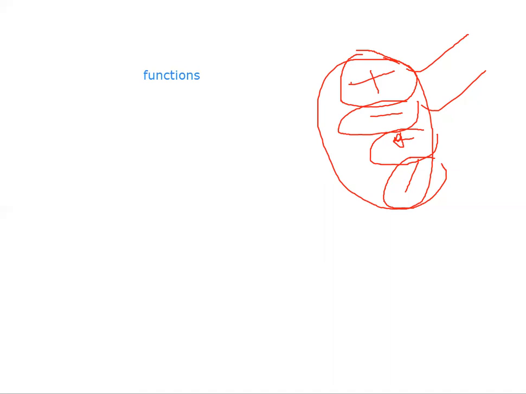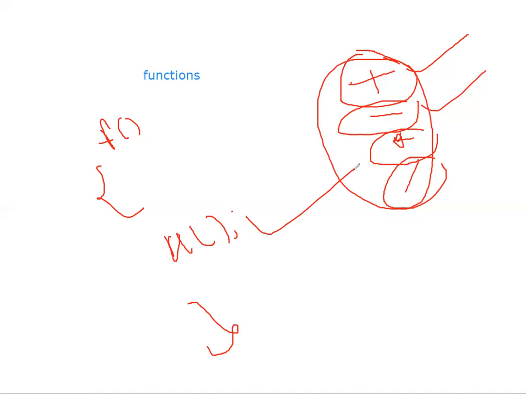A function allows calls of other functions within it. For example, in this function we can call another function in this block of statements. In this function, the same function can be called and other functions can also be called.